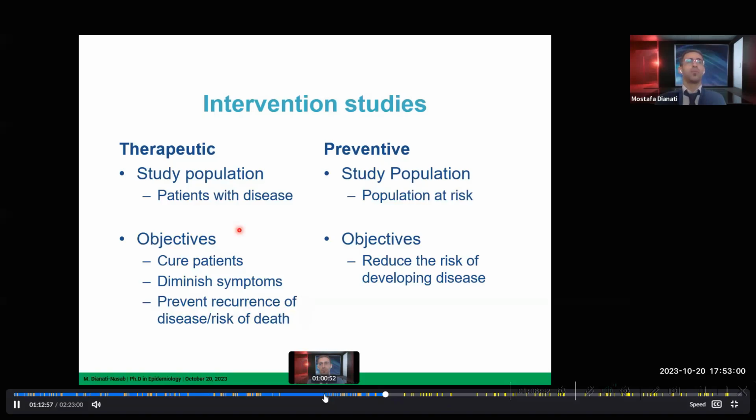Like diminish symptoms, cure patients, prevent, for example, recurrence, and so on. However, for preventive, like vaccination, for example, the study population is the whole population at risk, and we are going to reduce the risk of developing disease. I would say the risk of incident cases of the disease.